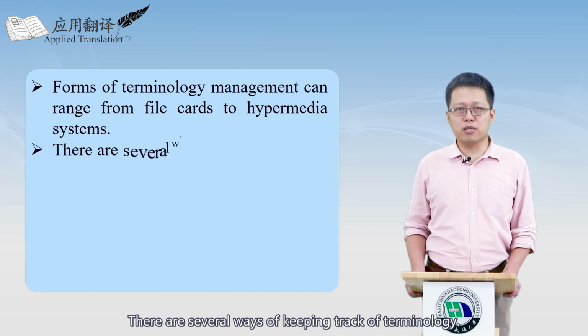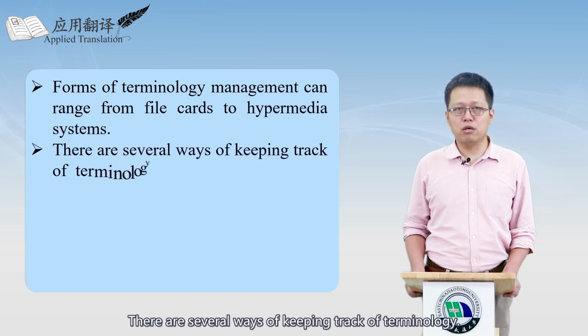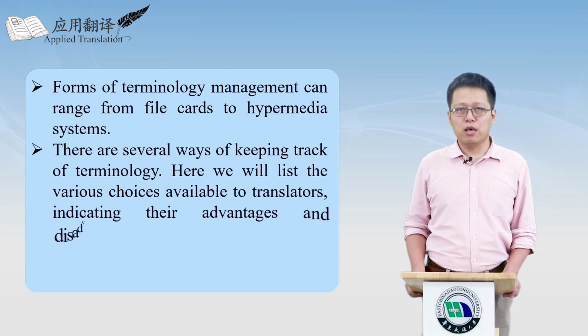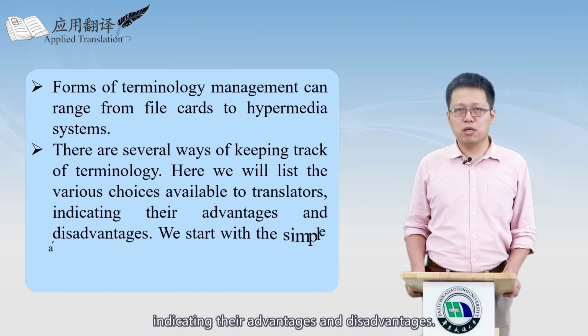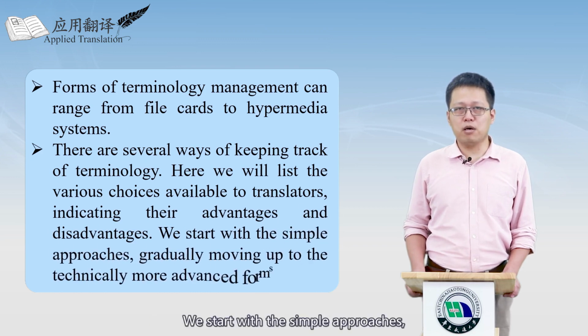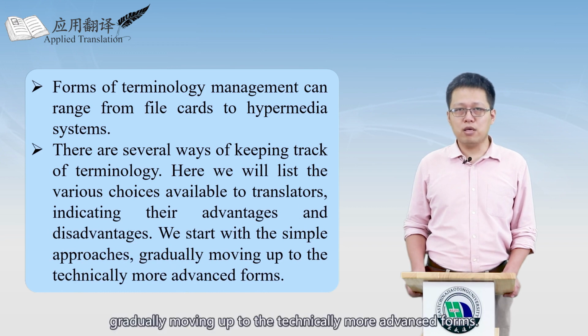There are several ways of keeping track of terminology. Here we will list the various choices available to translators, indicating their advantages and disadvantages. We start with the simple approaches, gradually moving up to the technically more advanced forms.